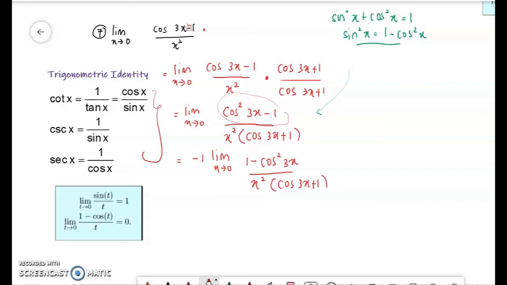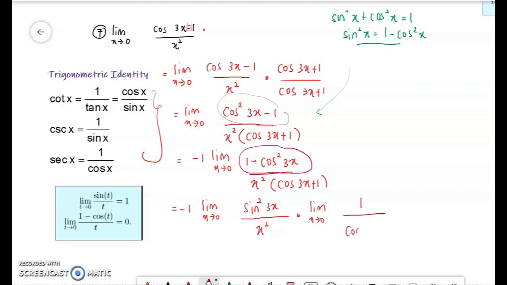Then apply the identity here, you will get sine square 3x. So write down negative 1, then the limit as x approaches 0 of sine square 3x over x square, separate this one, times the limit as x approaches 0 of 1 over cos 3x plus 1.